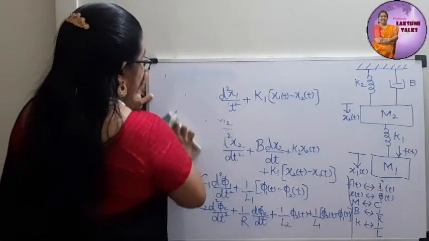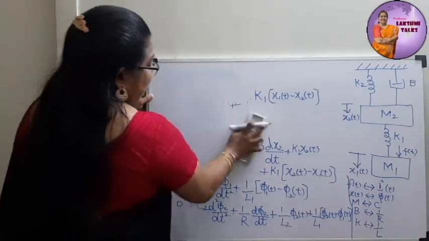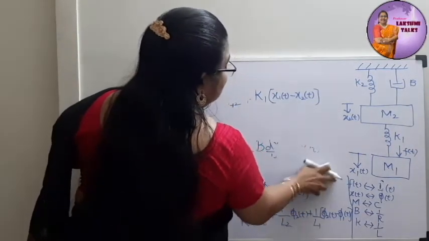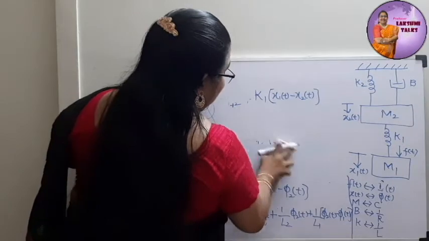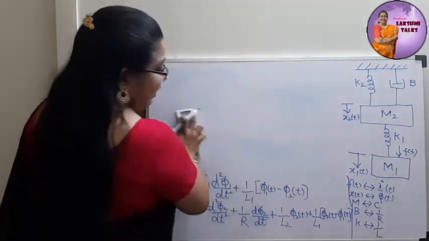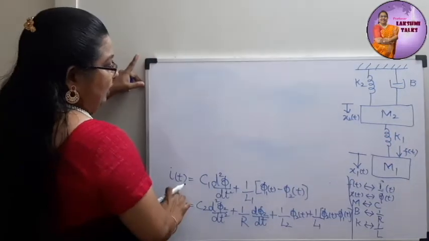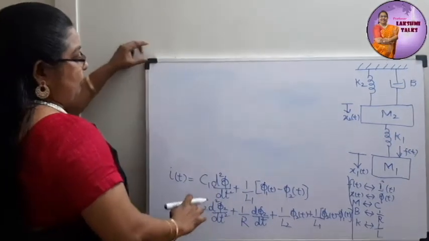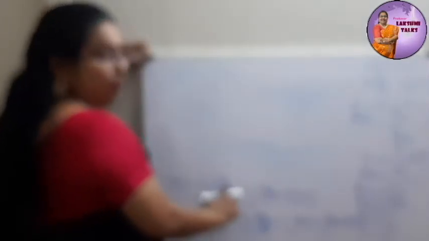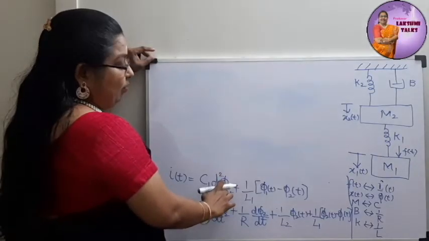We already know that d phi by dt, rate of change of flux, is nothing but voltage. If we rewrite this equation in voltage form, it will be easy for us to draw, right? So, rewriting d squared phi by dt square in terms of voltage, we will be getting dv1 by dt.